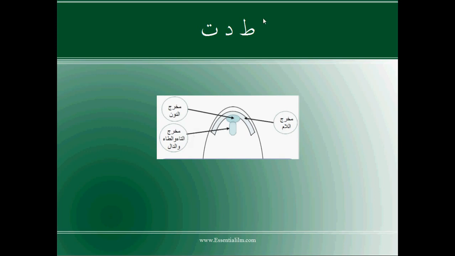So for ta, for dal, for ta. Now ta is a heavy letter, so the back of the tongue also has to rise, and the middle of the tongue also rises, because the four heaviest letters in the language are ta, dha, sad, and dad.